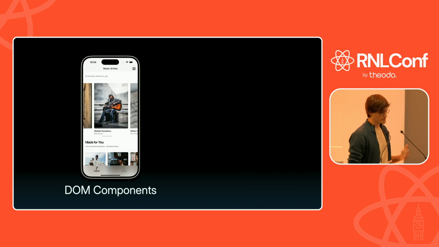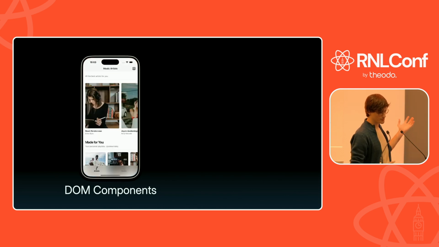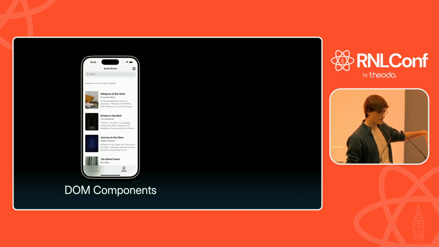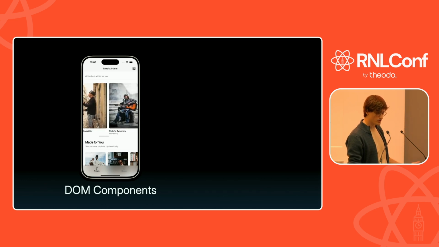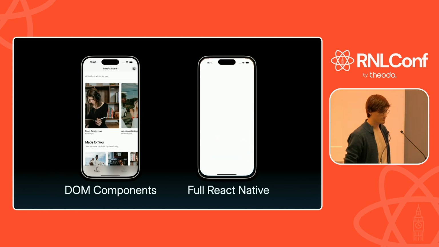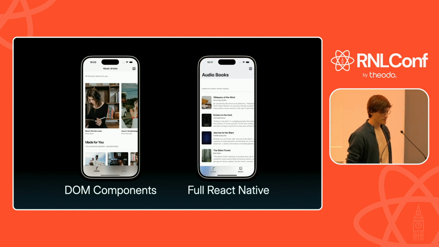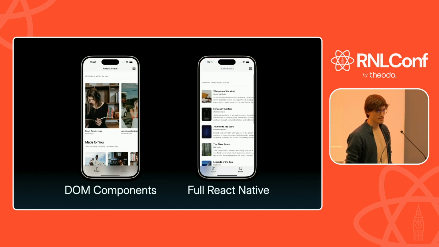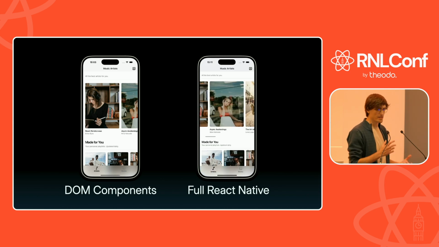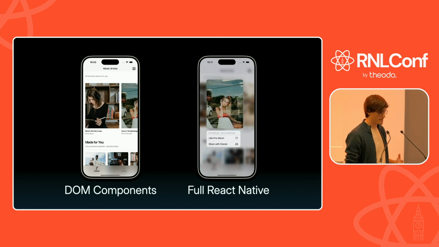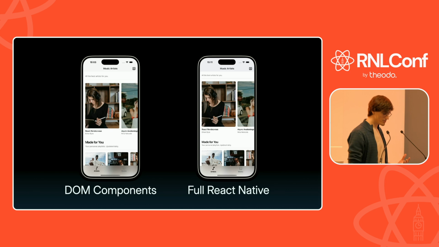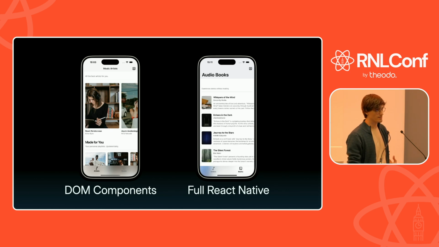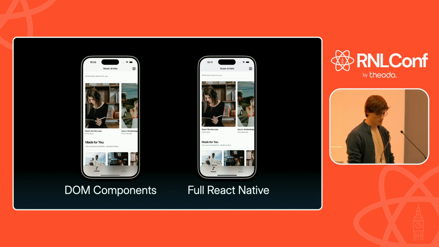So it loads, there was a white page, and then I tap the other screen, it still has a white flash. If you compare this to full React Native, which I also did, you notice the difference, right? Now, you can overcome this with plenty of animations or fade-ins, fade-outs, but you cannot fully remove it. So don't use DOM components too much for things that are not necessary to do in web.